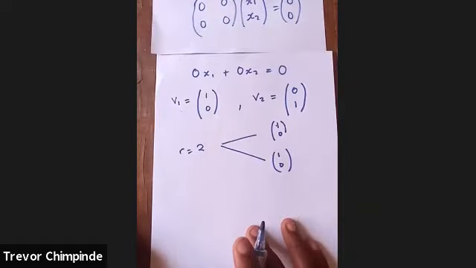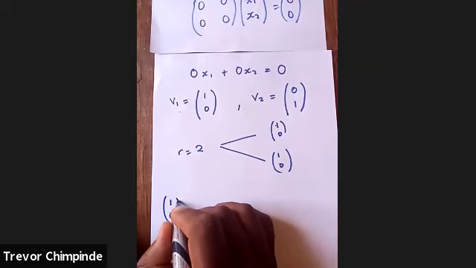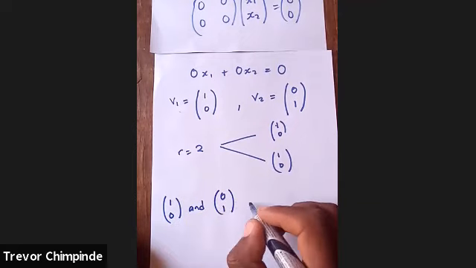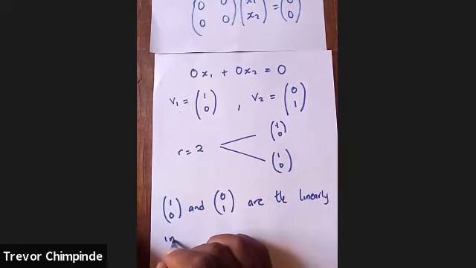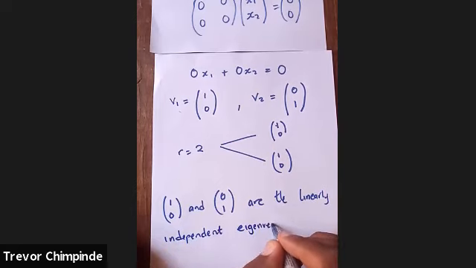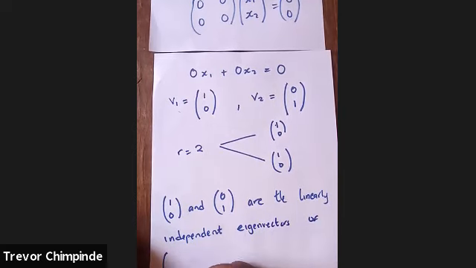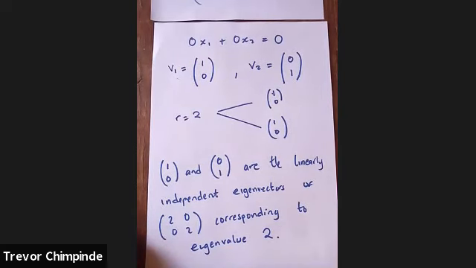So in this case, what we say is that these two vectors, 1, 0 and 0, 1, are the linearly independent eigenvectors of this matrix, 2, 0, 0, 2, corresponding to eigenvalue 2. So is this okay? Is this confusing?